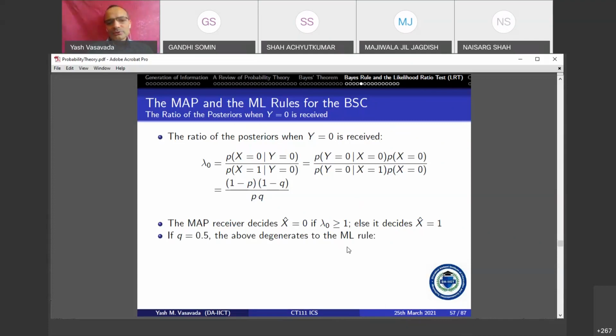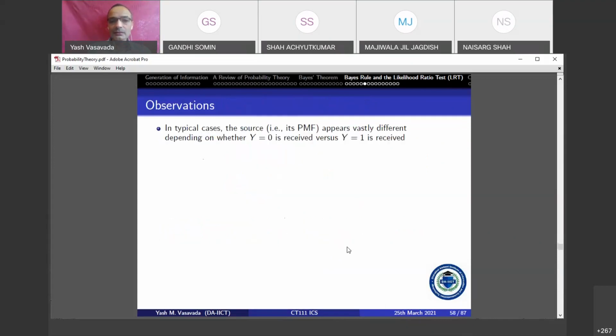And so again, if the prior probabilities are equal for the binary case q is equal to 0.5, then you get a simpler case of ML. So I want to again emphasize that your calculation when you get y equal to 0 is different from the calculation that you do when y is equal to 1.